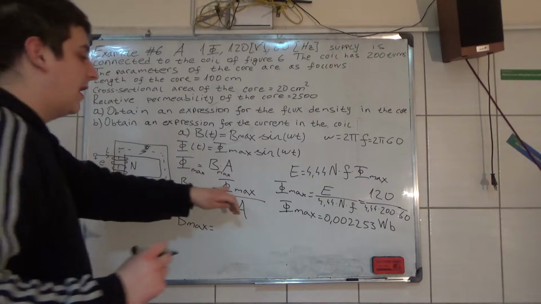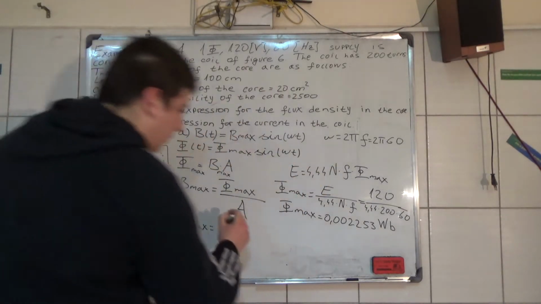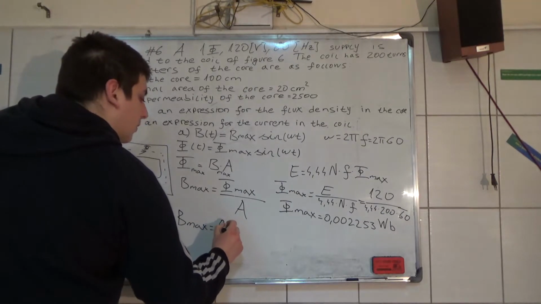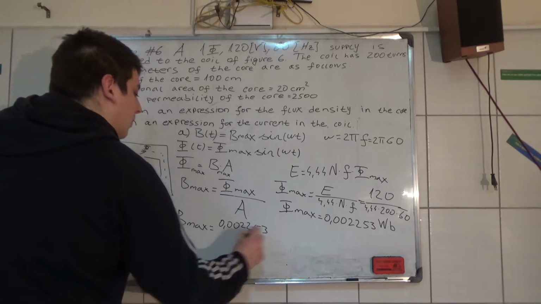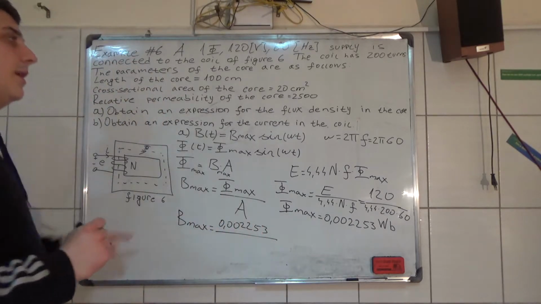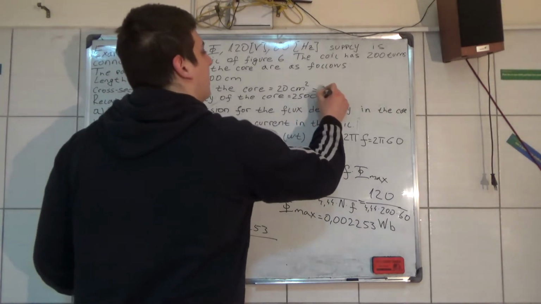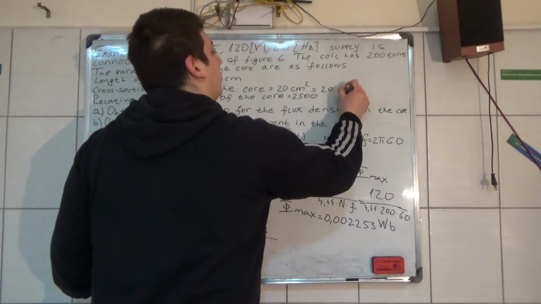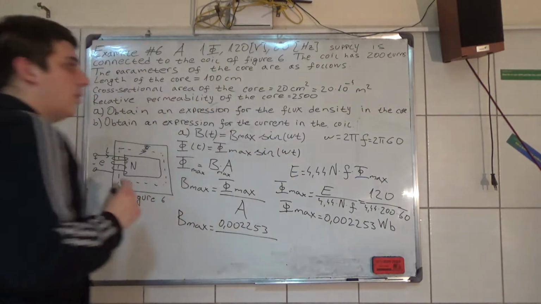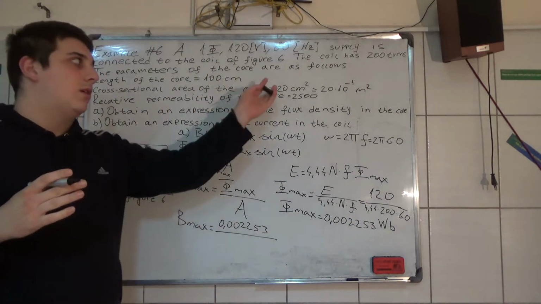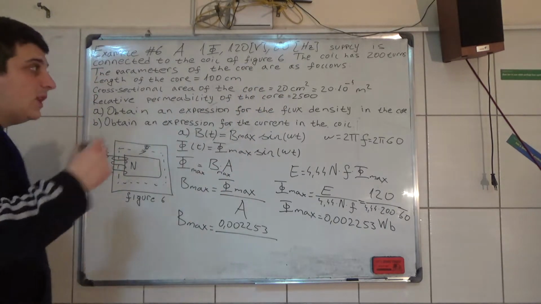Now the B maximum is equal to flux maximum, which is equal to this, divided by the area. 20 centimeters squared is 10 to the minus 4 meters squared. You have to transfer this into the basic unit, which is meters.